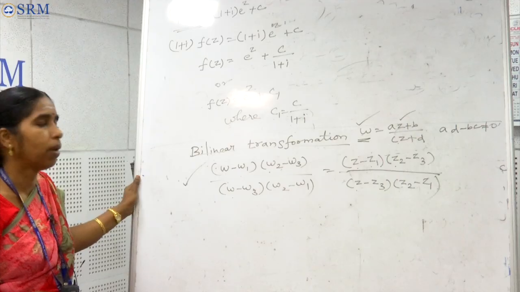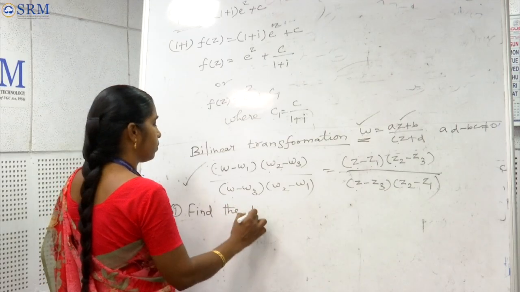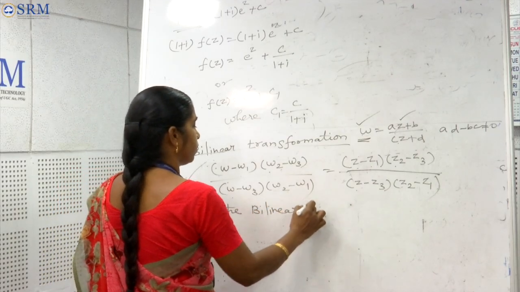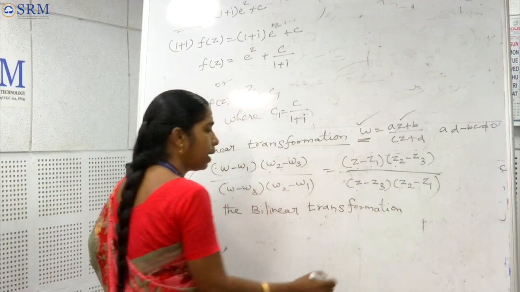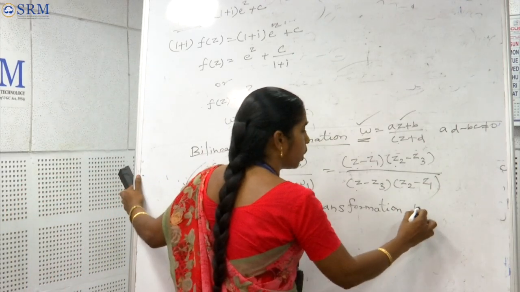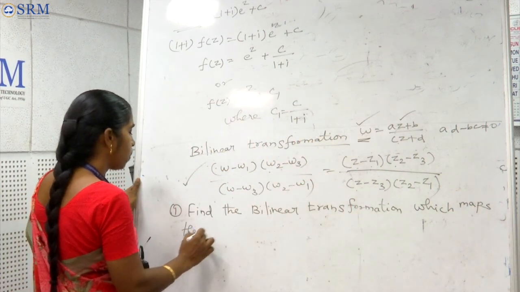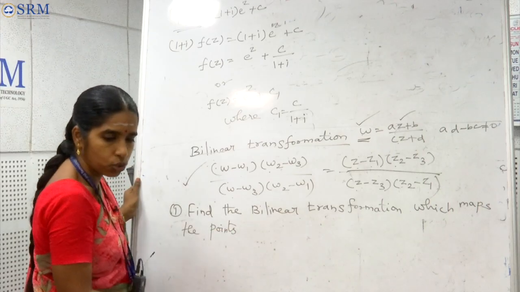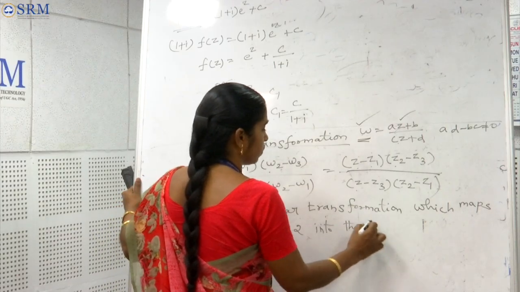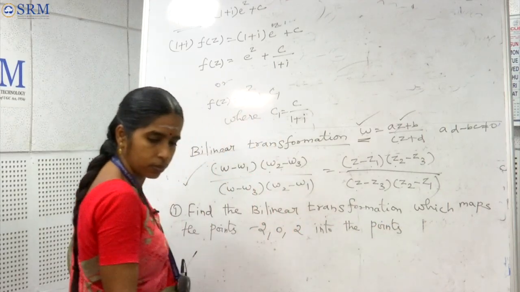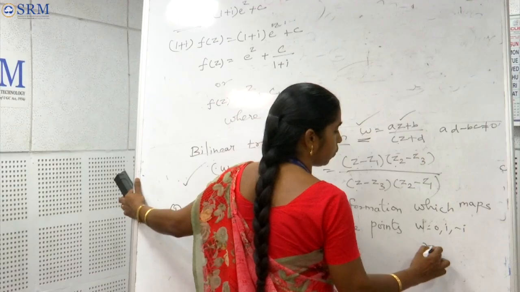Now, problems based on bilinear transformation. First problem: find the bilinear transformation which maps the points minus 2, 0, 2 into the points W equal to 0, i, minus i respectively.